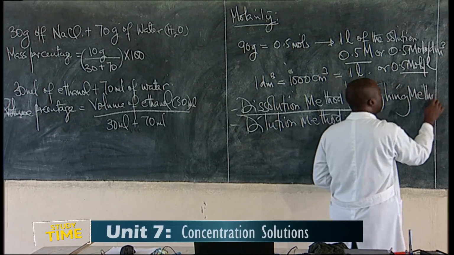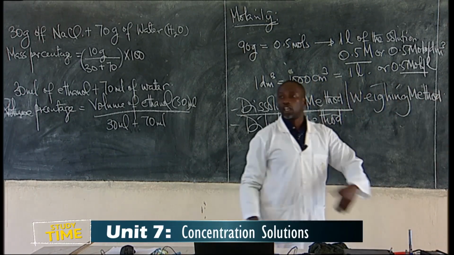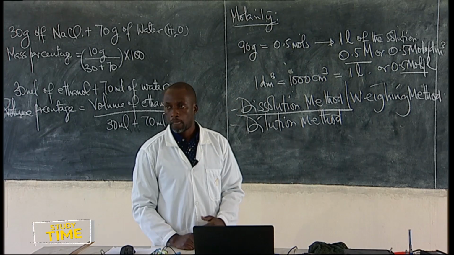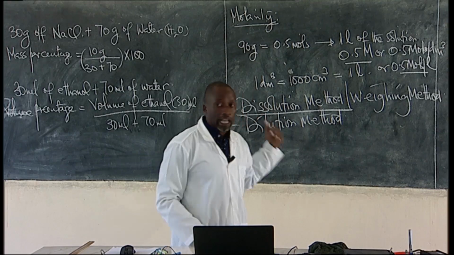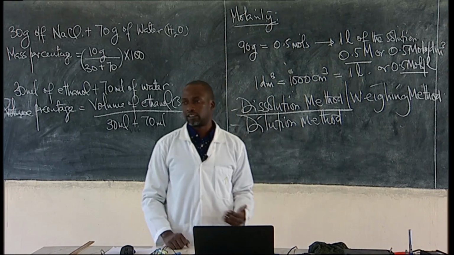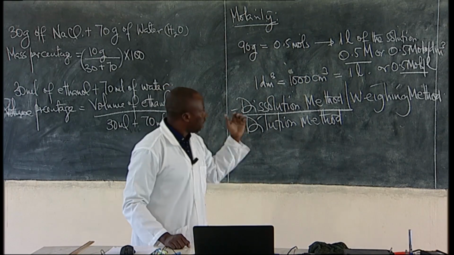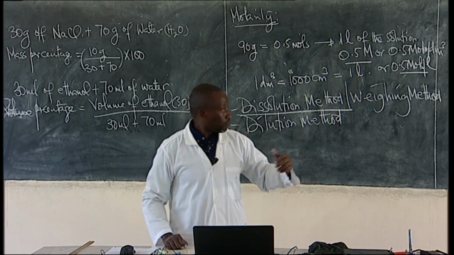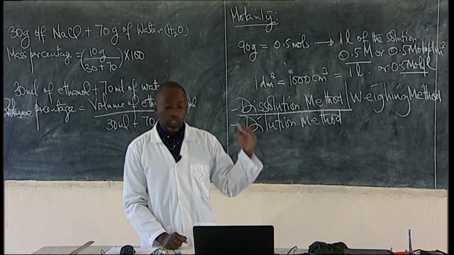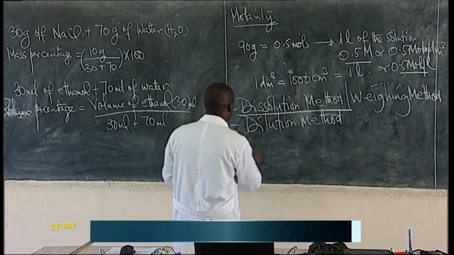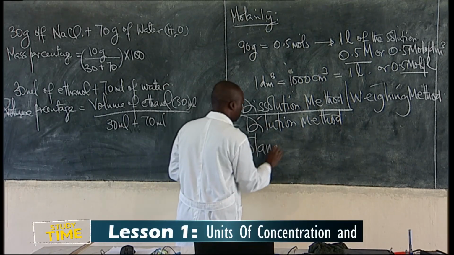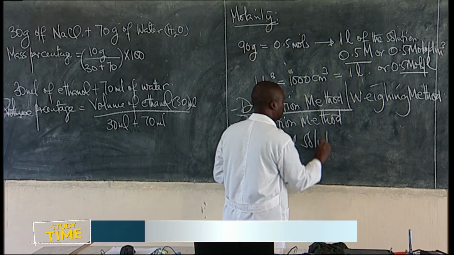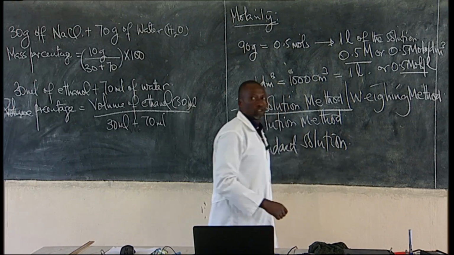The weighing method means that we have to take the weight of certain components. After weighing, the solution that we will make at the end of using this method, if we are able to go through the steps, is said to be a standard solution. What is this standard solution?